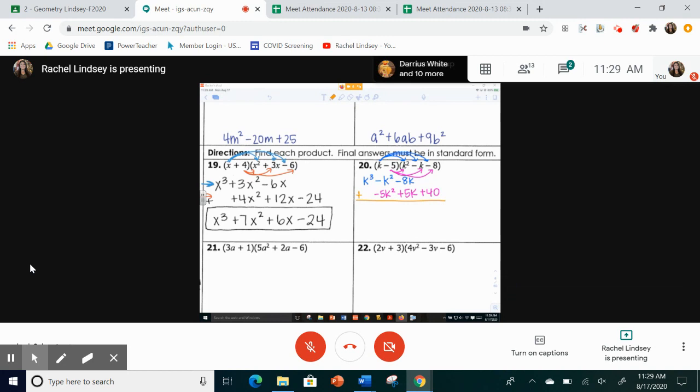And now I can just add like I'm normally adding up and down. So k cubed just comes down. Negative k squared minus 5k squared gives you negative 6k squared. Negative 8k plus 5k gives you negative 3k. And then bring down that positive 40.